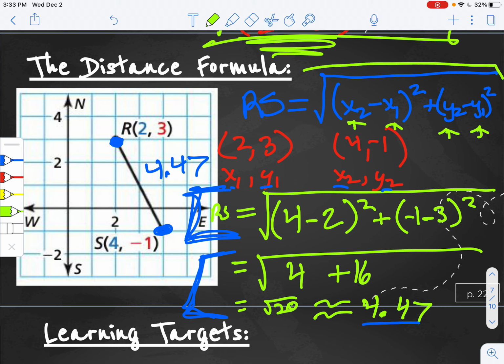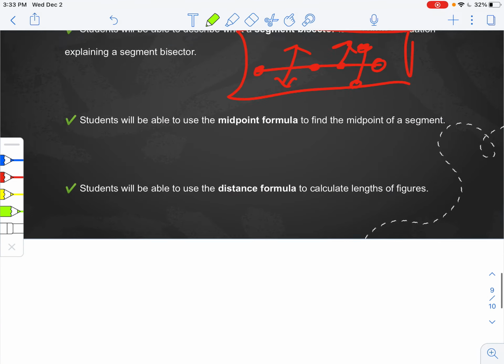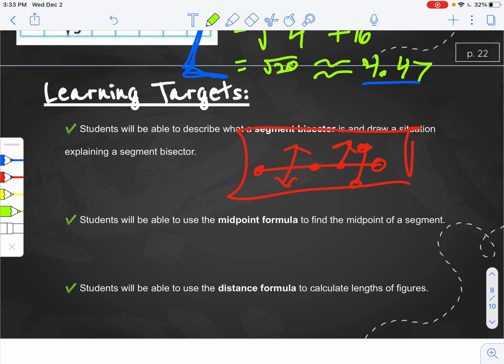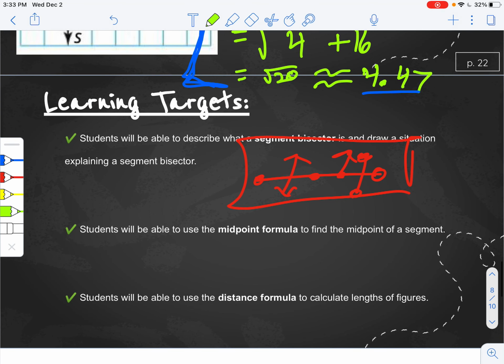And then the last learning target was that you could use the distance formula, and that is this formula right here. So instead of saying RS equals, you would just say distance equals the square root, blah, blah, blah, through there.